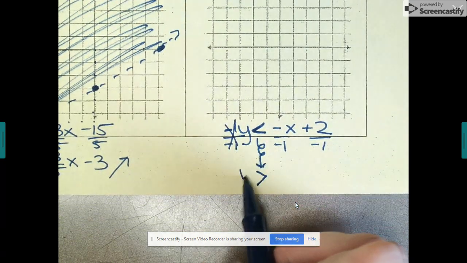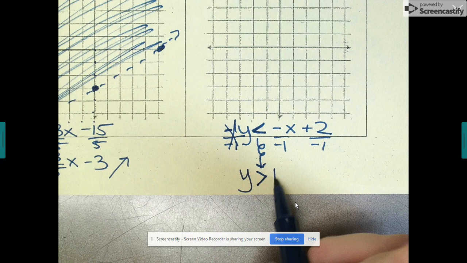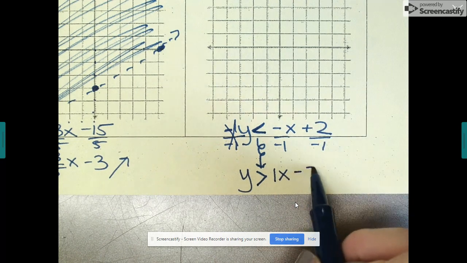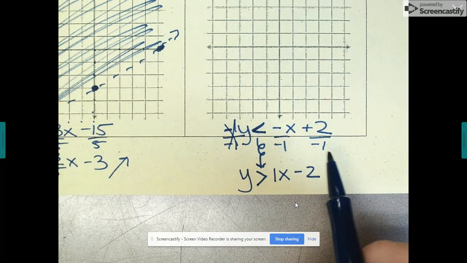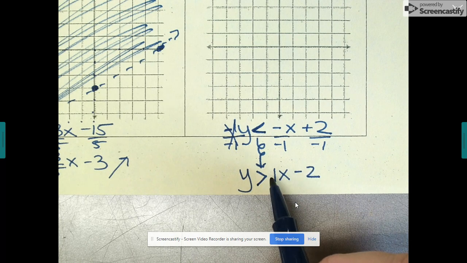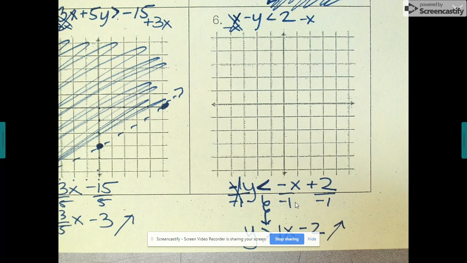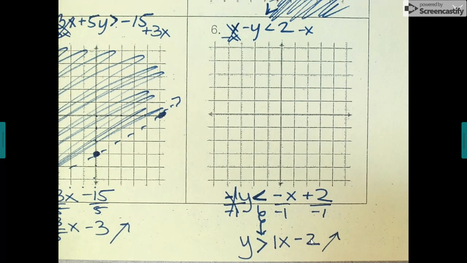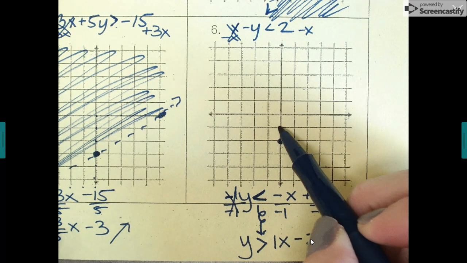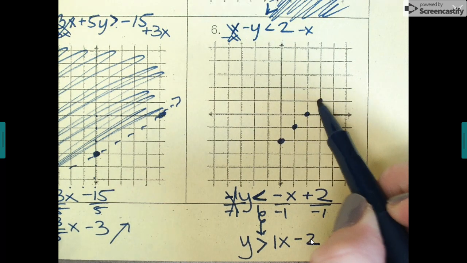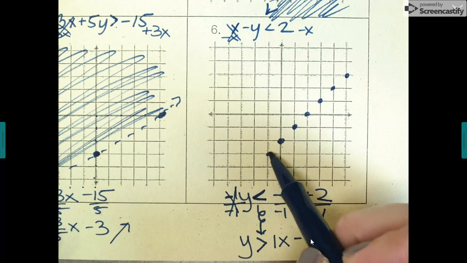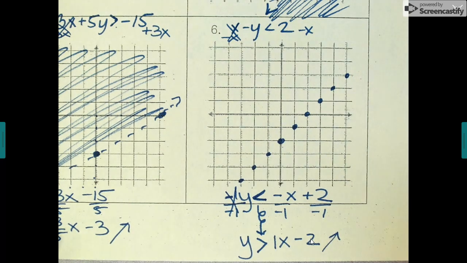So that would be a y. This would be a positive 1x. This would be a negative 2. So I'm going to start at negative 2. I'm going to go up 1 over 1. It is a positive slope. So I'm going to start at negative 2, up 1 over 1, or down 1 over 1, depending on what you want to do.